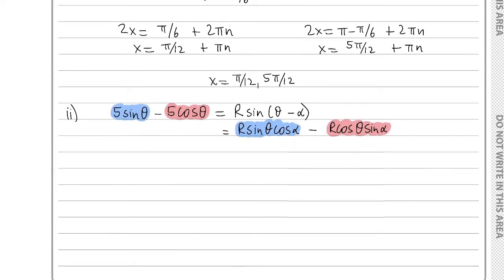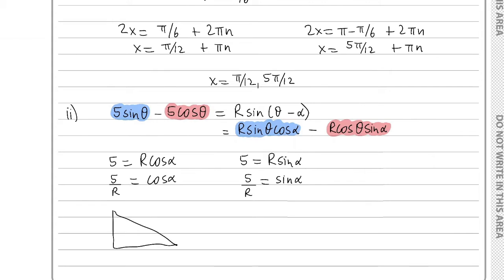So what we get is 5 is r cos alpha and 5 is r sine alpha. So 5 over r is cos alpha and 5 over r is sine alpha. If we just draw a right angle triangle here, we put alpha, it's 5, 5, and the hypotenuse turns out to be r.